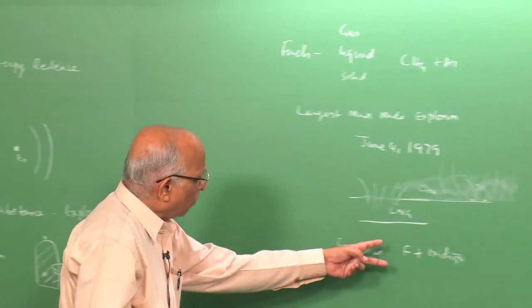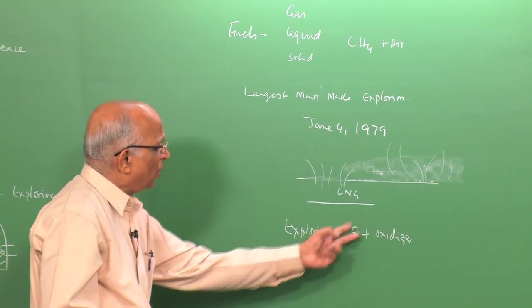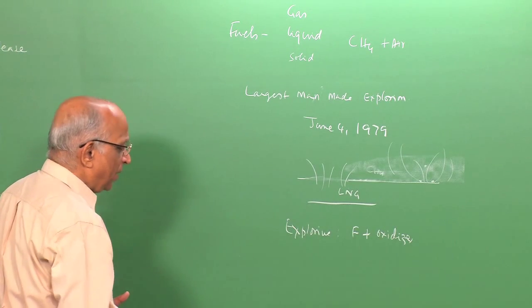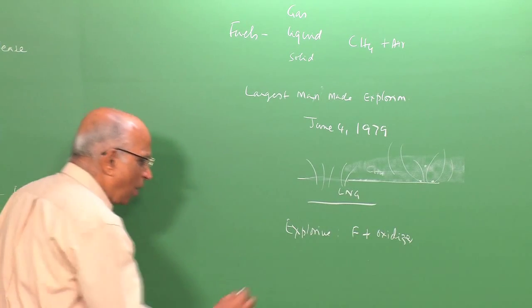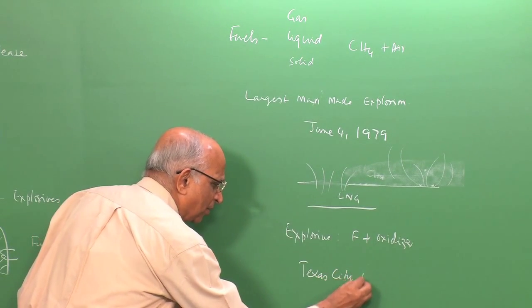It need not be only a gaseous fuel like methane and air, it could be any substance. Therefore, let us take a look at different types of explosives. We talked in terms of the Texas City disaster.